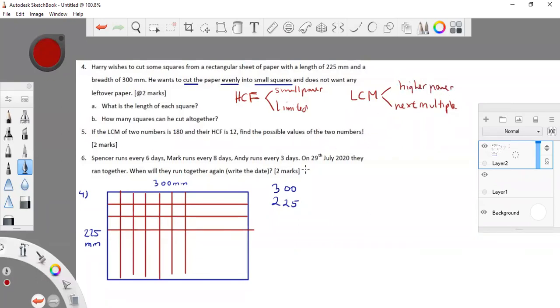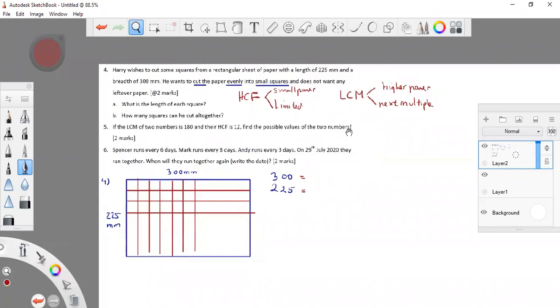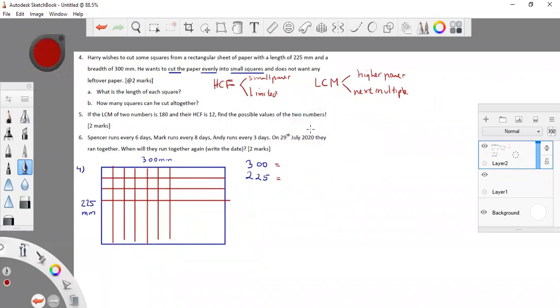Now we know, 300. LCM is number 6. Number 6, yeah, that's right. It runs every 8 days, that is multiples: 8, 16, and so on. Okay, good.